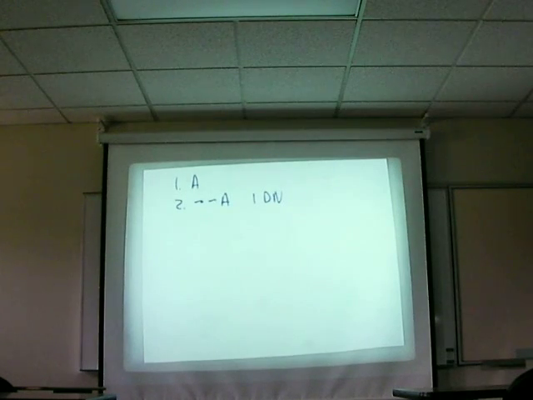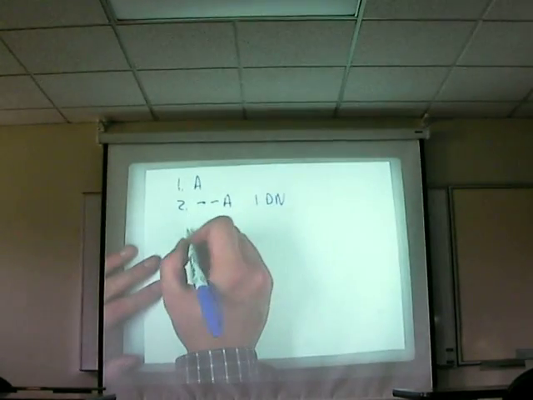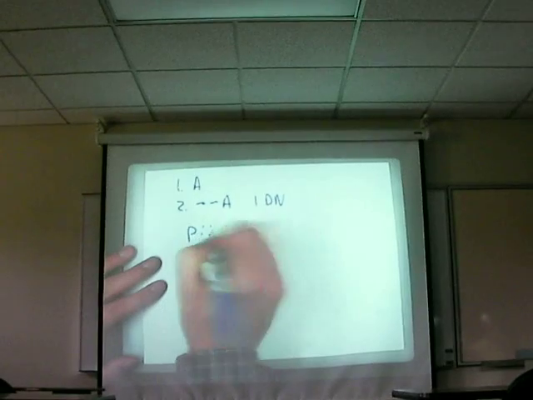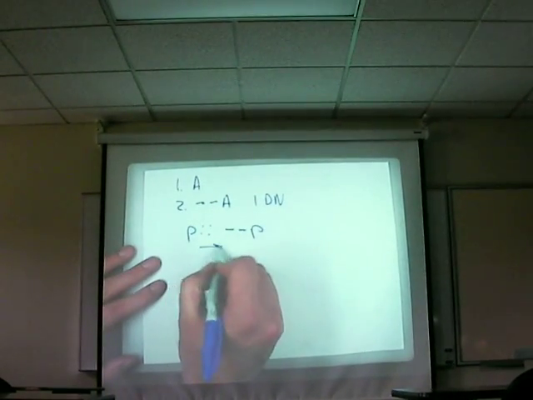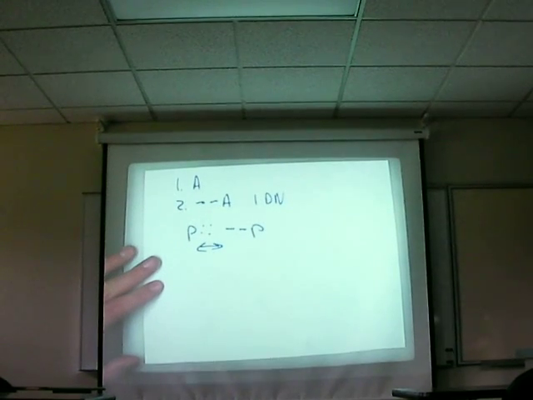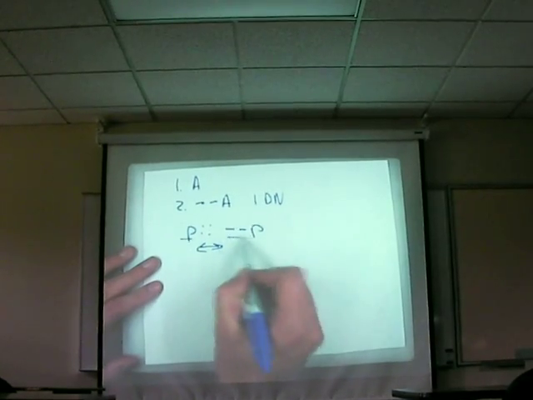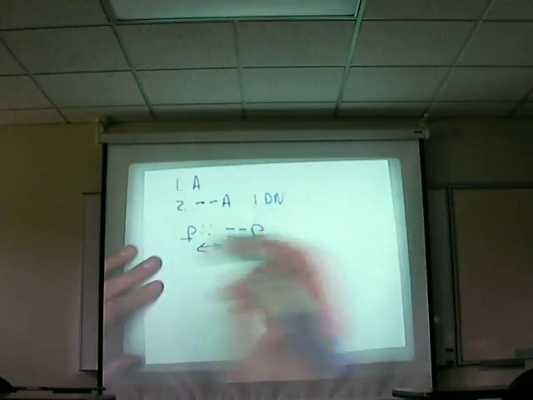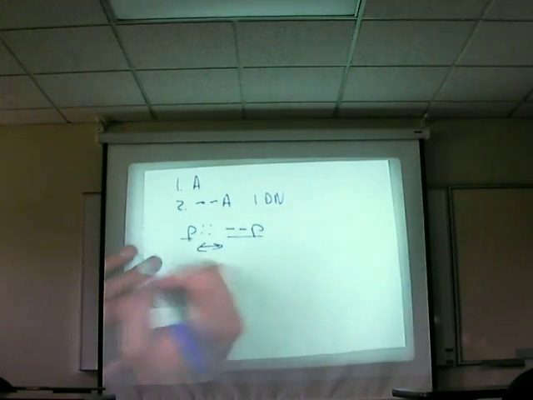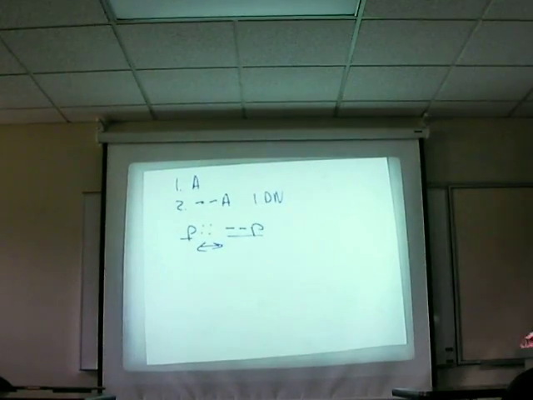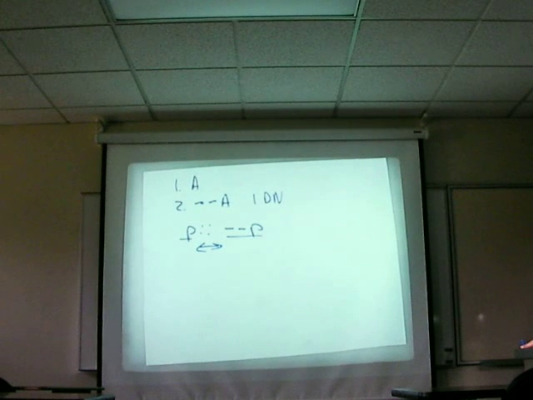The visual explanation of DN given in the text is P, four dots, not not P. You can think of these 4 dots really as a two-way street. You can go either direction, either left to right or right to left. You can take something that looks like this and turn it into that, or the other way around. And really, that's all that there is to double negation.